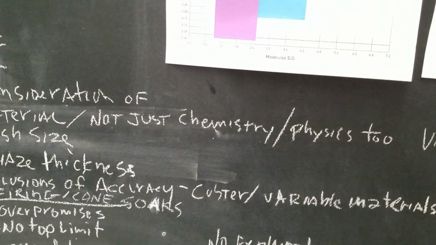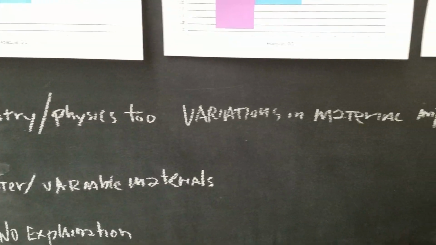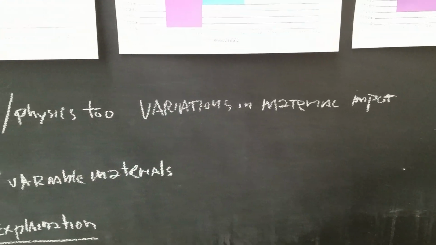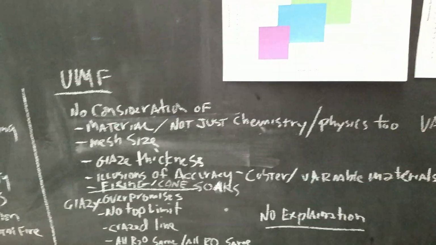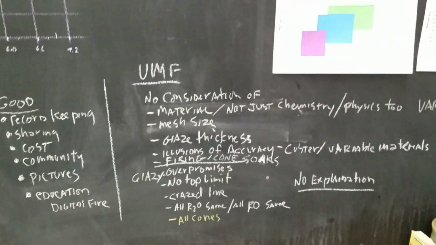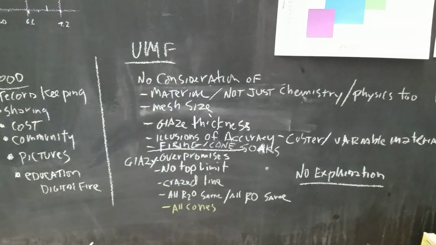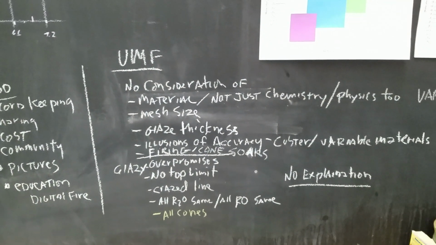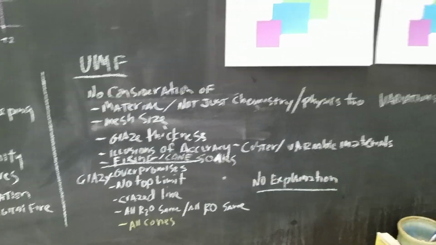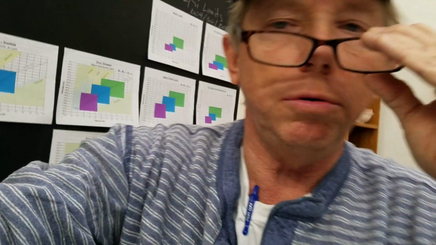Another thing about materials is there are variations in materials and input. If you put a material in Glazy like dolomite or Custer feldspar, somebody else may have a different version. They try to let you choose in Glazy, but sometimes potters don't know where their materials came from.